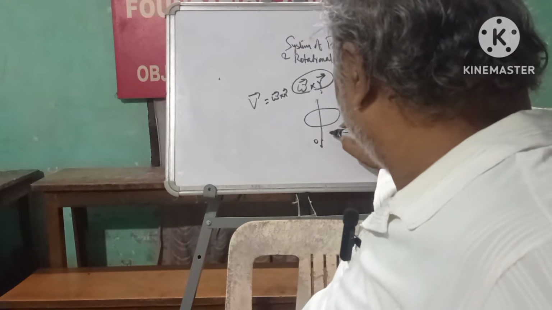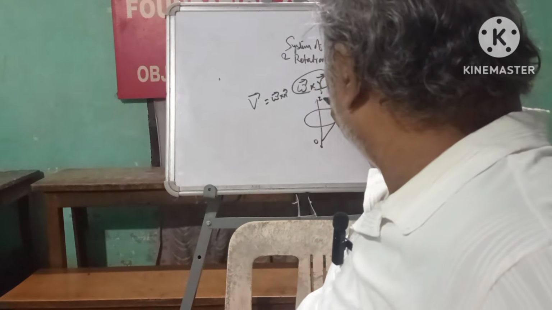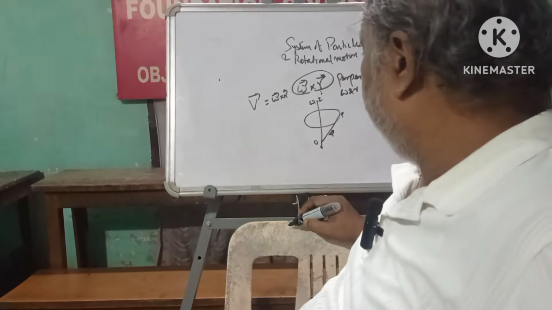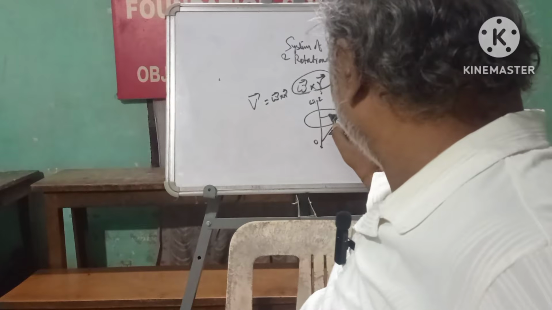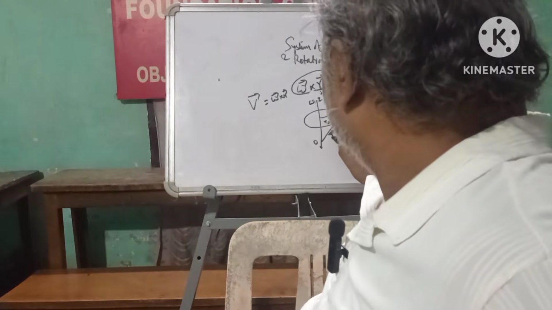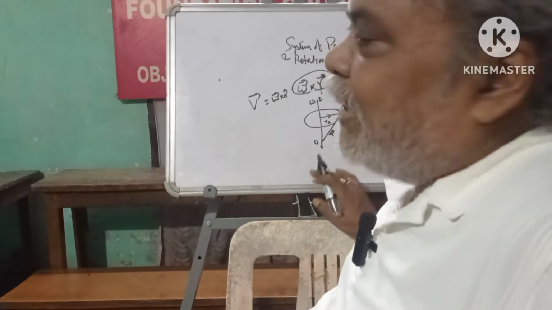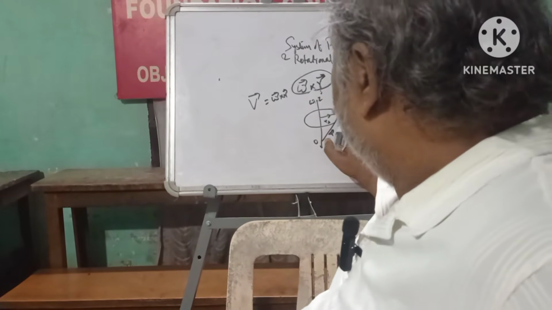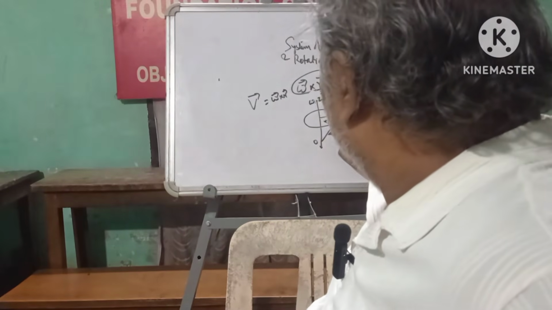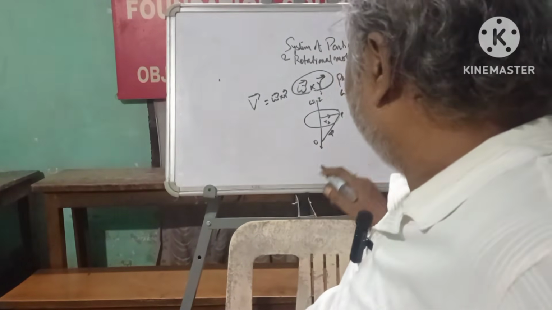We have taken the origin O, and this is the particle P, and this is Z. So omega is along the Z axis, and this is your R vector, and this is your perpendicular component, R perpendicular, the component of the R vector. This is the actual figure. Your particle is moving in a circular path, this is your origin, and this is the position vector of the particle, and your omega is along the z axis.